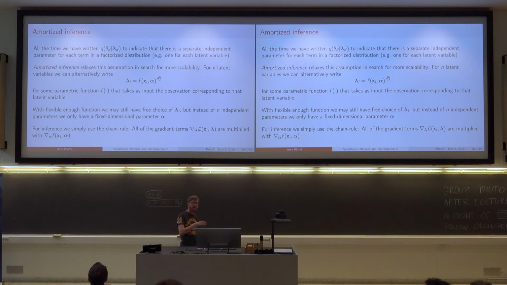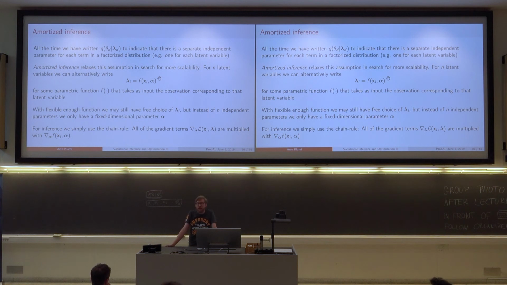So you get a constant size parameterization that is independent of how many latent variables you have in your model. And if you know that your result is going to be a linear function, you could plug it in as a linear function, but of course it could also be an arbitrary, let's say, neural network that maps all of your inputs to the parameters of your approximation.